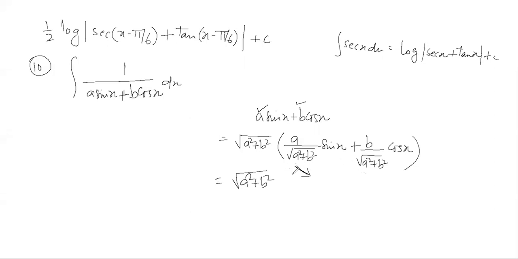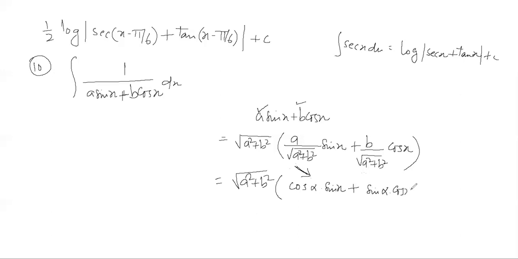You are not bound to write only cos alpha and sin alpha. If this one is cos, this must be sin. So my choice is to write them as cos alpha. If this one is cos alpha, then automatically this value would be sin alpha.